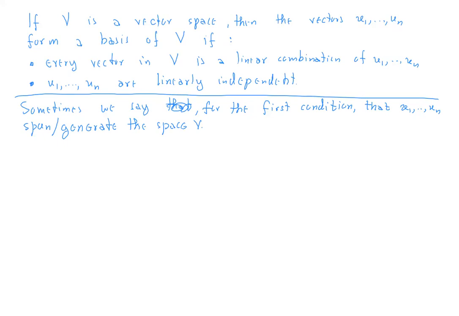It means that their span is, it means that every vector in that space is a linear combination of those vectors.